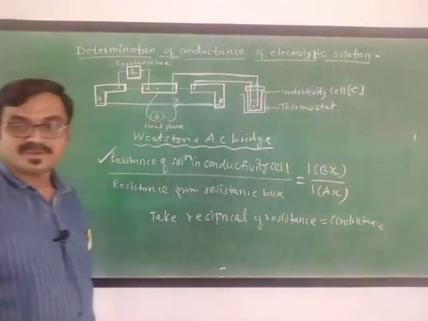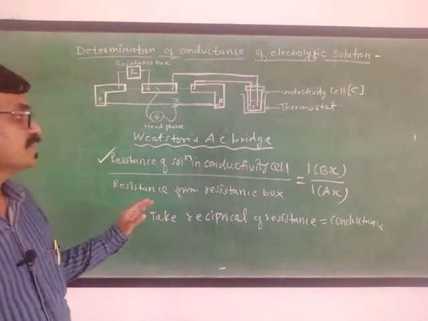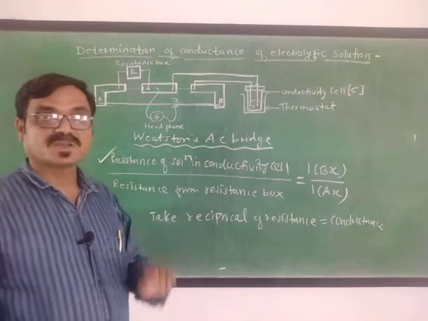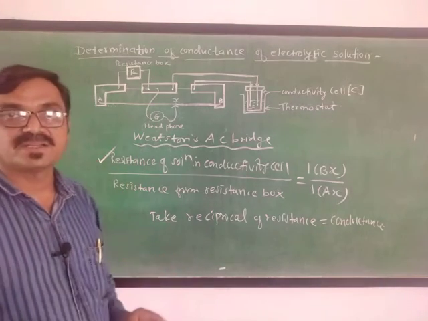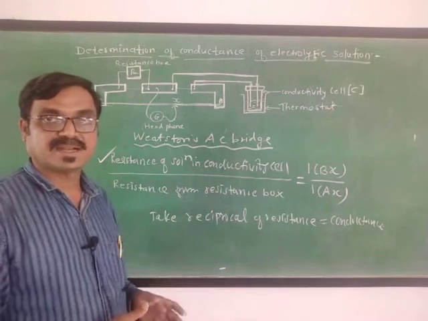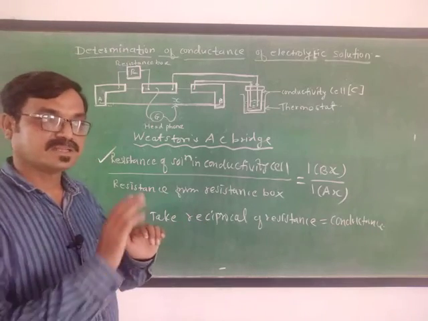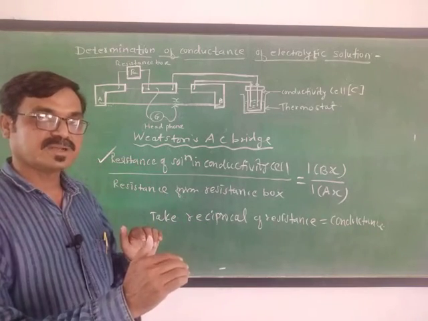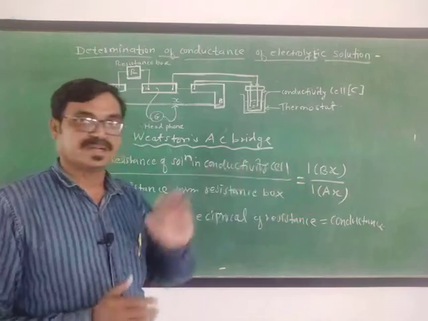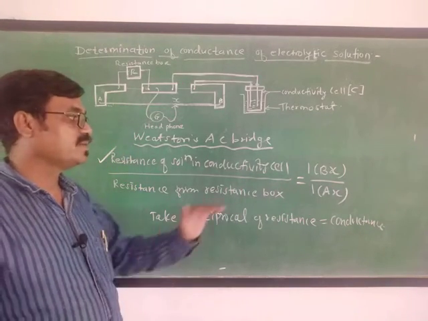In this way Wheatstone's AC bridge is used to measure the conductance of solution by an indirect method. Why indirect? You are not measuring the conductance directly. You measure the resistance first, and later after taking its reciprocal you know the conductance. That's why it is an indirect method for the measurement of conductance.